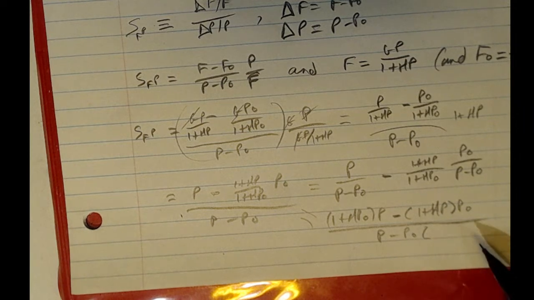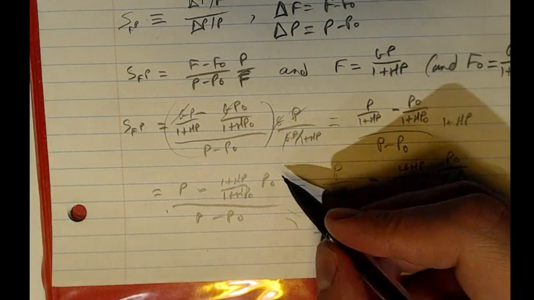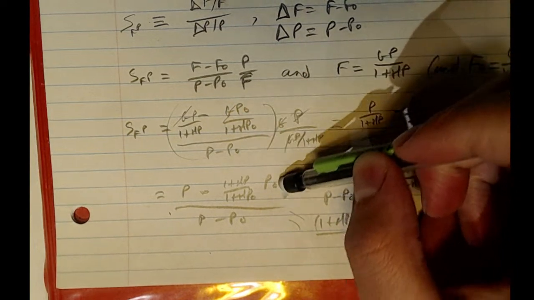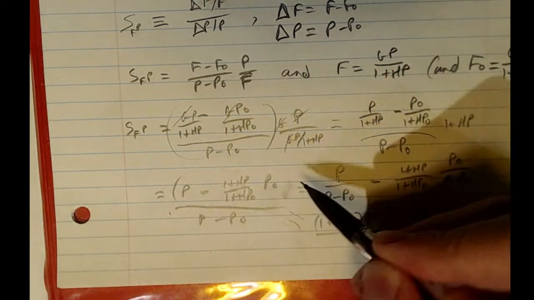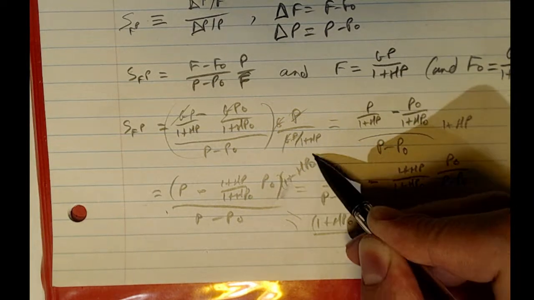Oh, right. So it is as I multiplied the top and bottom of this fraction, let me write it in here, I multiply the top and bottom of this fraction by 1 plus hp naught.